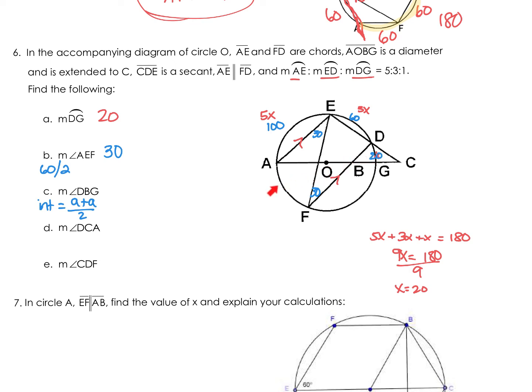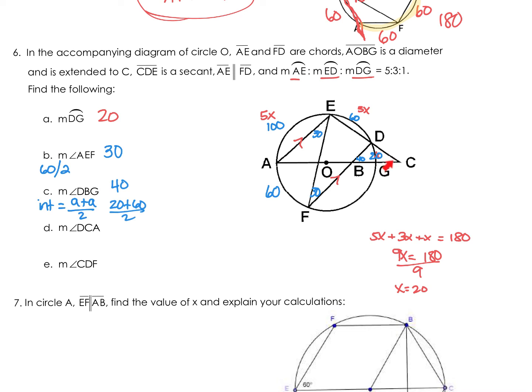Uh-oh, we don't have this one, but there's a clue. This 30 right here makes this 60. So the arcs we want for DBG are 20 and 60. So we do 20 plus 60 divided by 2, which is 80 divided by 2, and that gives us 40. And I'm going to put it in there nice and tiny.